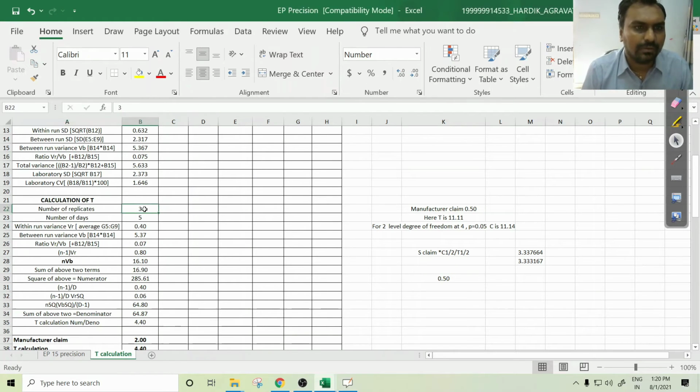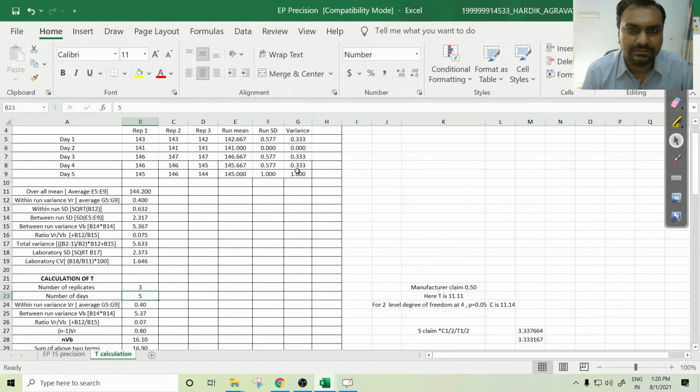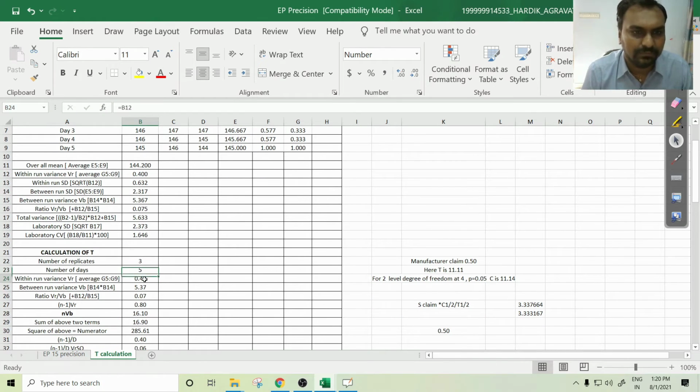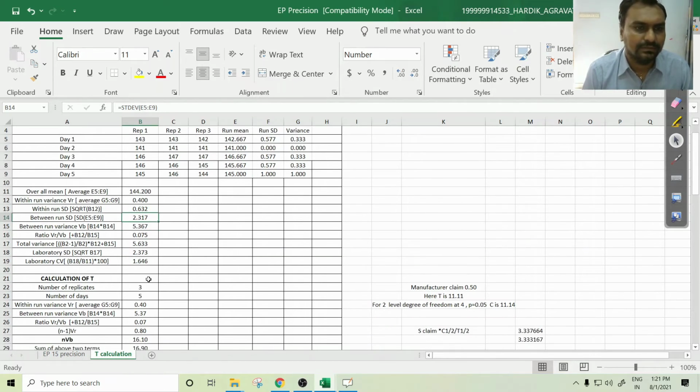We have got number of replicates, n is 3, number of days is 5. Within run variance, that is the average of G5 to G9, that is 0.40 here. Between run variance, that is the square of between run SD, and between run SD is the SD of E5 to E9, that is the run mean results.